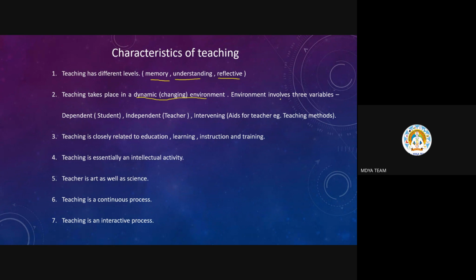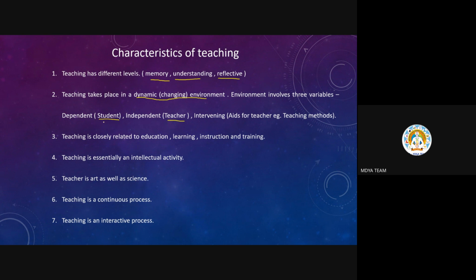The environment involves three variables. Now what can we include in the environment? Student, teacher, and the intervening acts. You can link this with the second point, where it is written that teaching takes place in a dynamic environment.